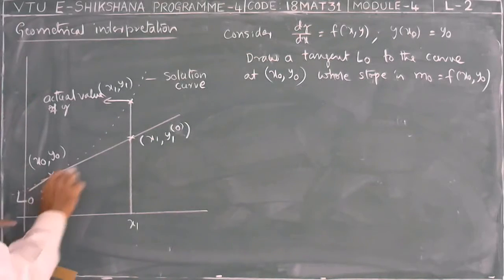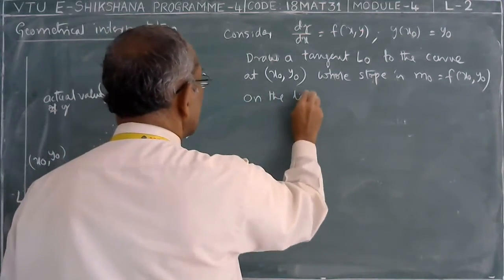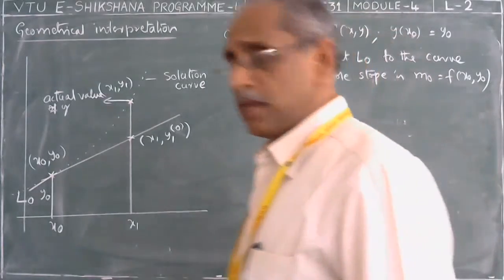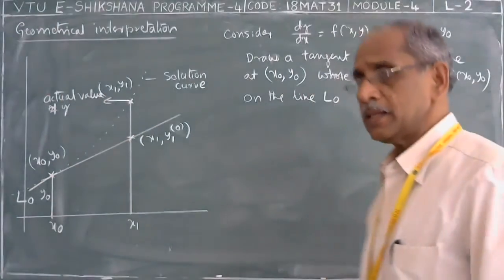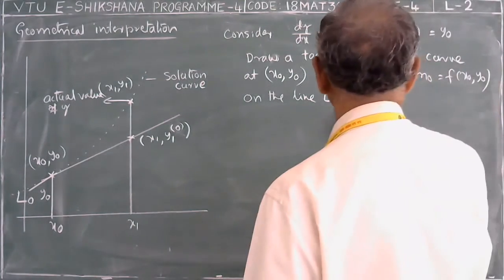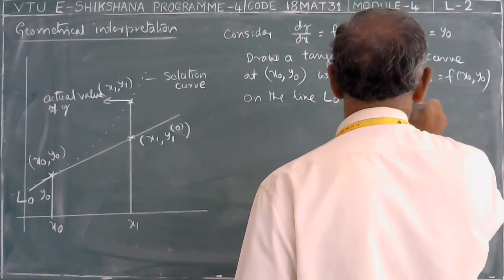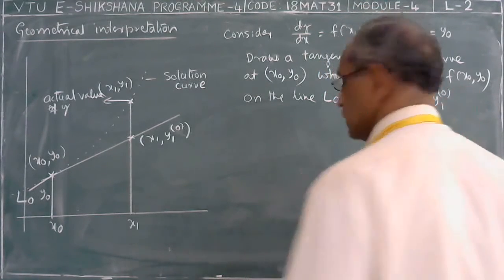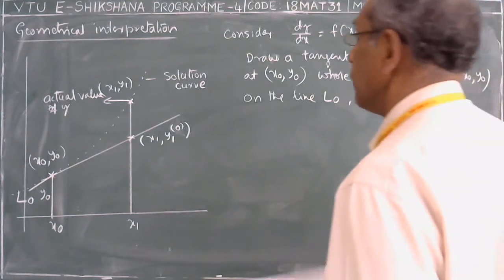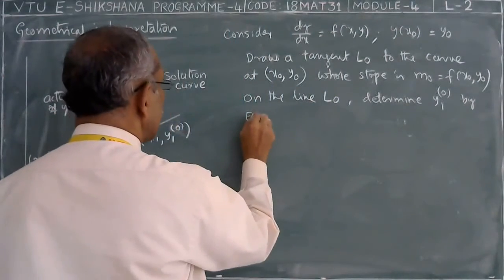On the line L naught, this is the tangent line L naught, determine y1 0. That is the value of y at x is equal to x1 by Euler's method.